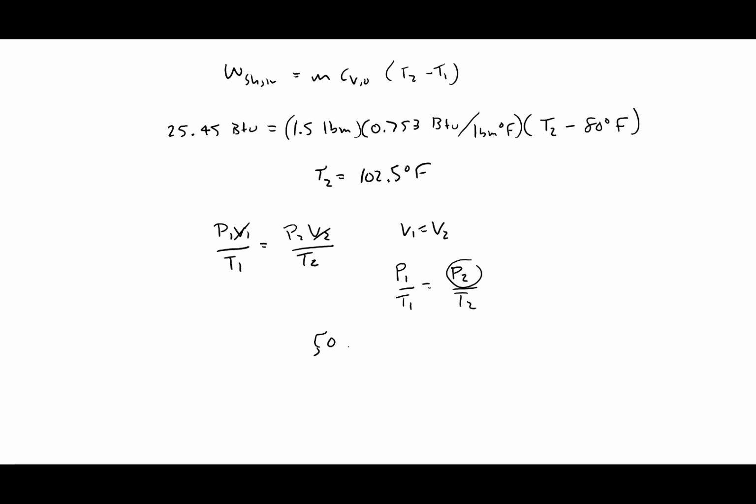So we have 50 psi absolute over 80, and we need our temperature in Rankine, not Fahrenheit for this, so plus 460 to convert this to degrees Rankine, is equal to P2 over 102 plus 460 Rankine, and then P2 is equal to 52.1 psi absolute.